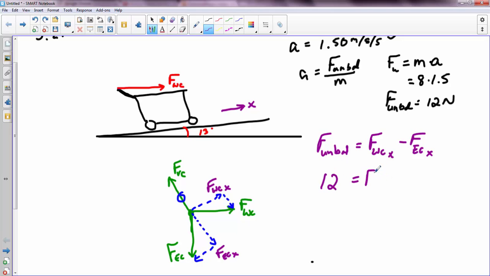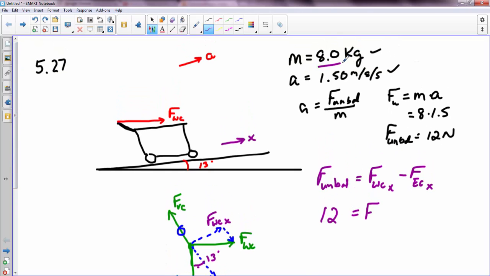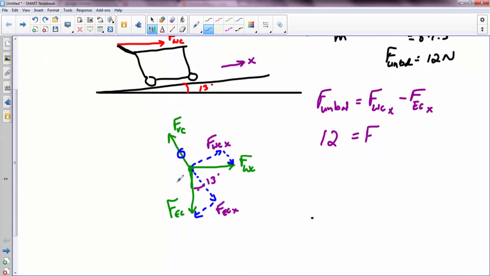We know the Earth's force we can find because this is my 13-degree angle right here. And if the cart has a mass of 8 kilograms, that means the Earth's force on it, from our lab that we did earlier this year, you guys know it's basically 10 times that. It's 80 newtons. 9.81 is close enough to 10.